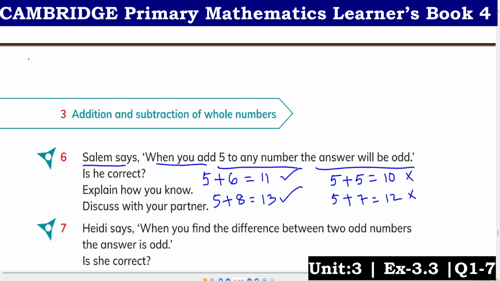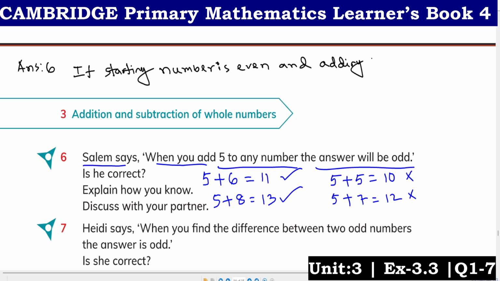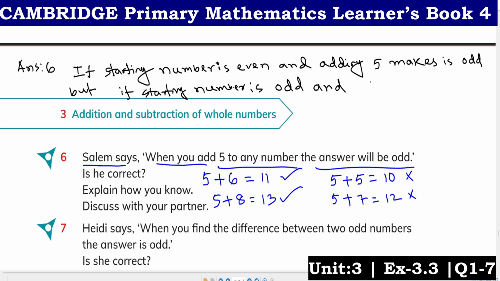So we can write the answer for 6: if the starting number is even, adding 5 makes it odd, but if the starting number is odd and adding 5 makes it what?